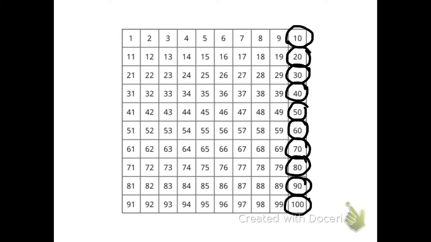The top row ends with 10, but the rest of the row are single-digit numbers. After 10 come the teen numbers.